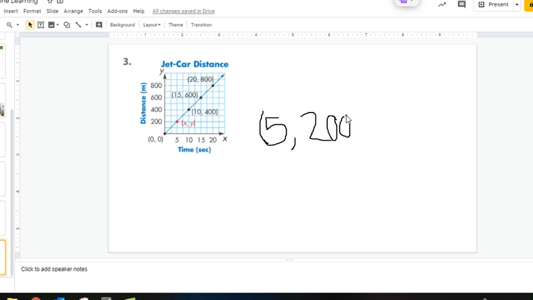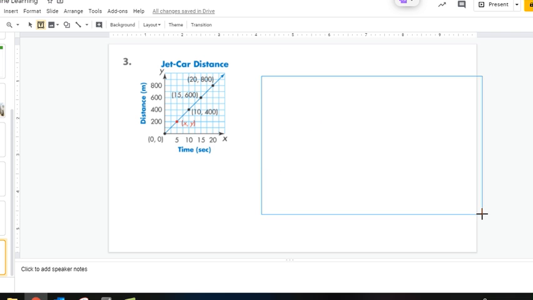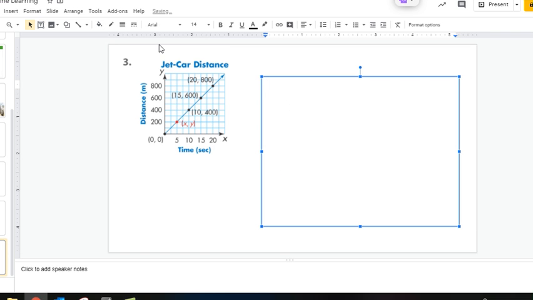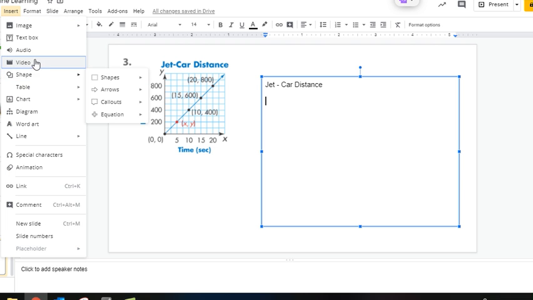If you were to build a table for this, the title of the table would be, this might be easier if I just switch to a text box, jet car distance. Let me input a table here.